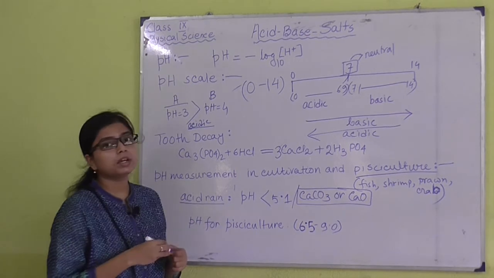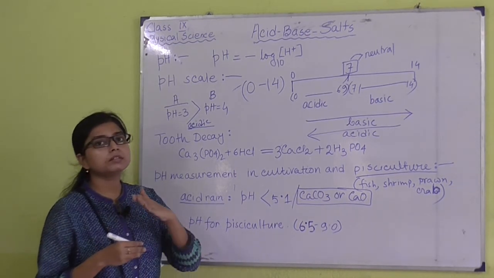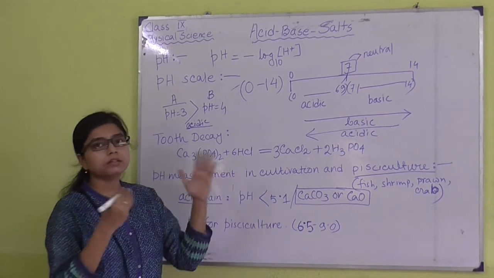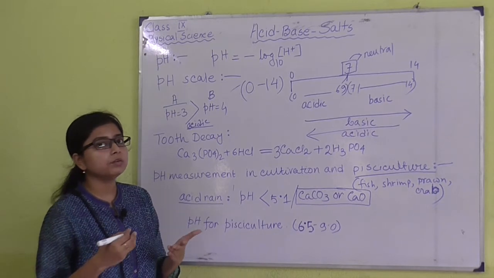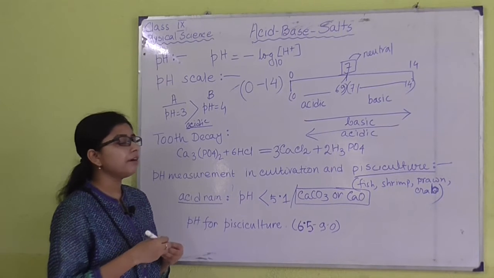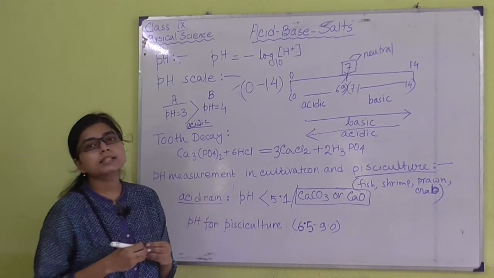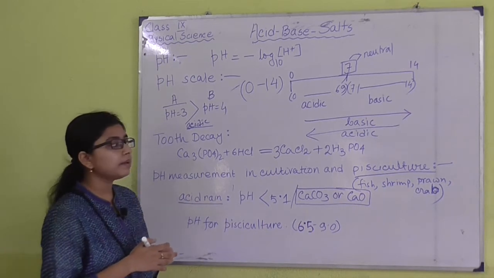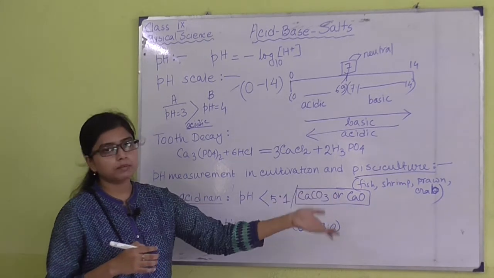If we have acidic soil, then we should replace the topsoil with another kind of soil which has a pH value higher than 5.1. Okay? And we can also do this task by adding slaked lime. Okay, slaked lime, that means Ca(OH)2, or we can also add calcium oxide too.